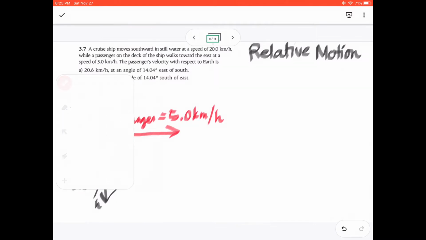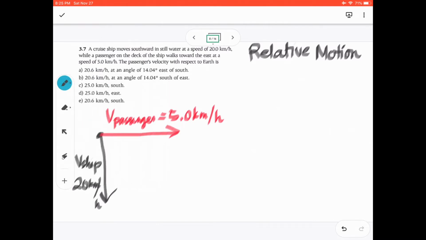Now, this is only equal to the resultant of the two velocities over here. Alright, so here is your x-axis, and then here is your y-axis as well. Then they are equal to each other if you're going to draw that.